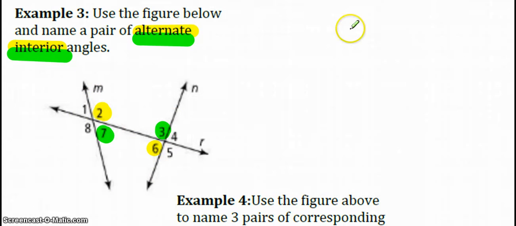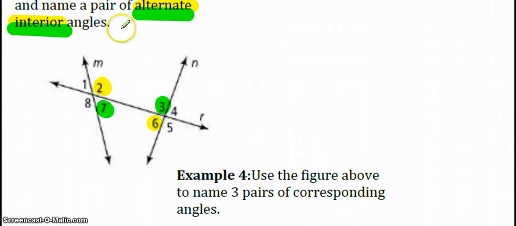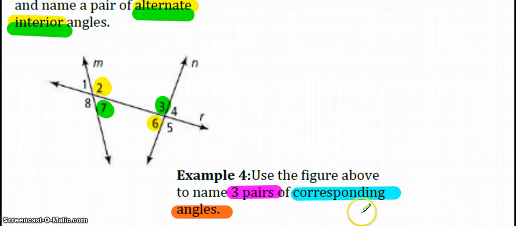Then when we move on to 4, we want to use the above figure, the same one, to talk about 3 pairs of corresponding angles. So we're going to have to use the same figure. So if I look at angle 2, that's above the transversal to the right of my line. So I look above the transversal to the right of my line. That would be angle 4.